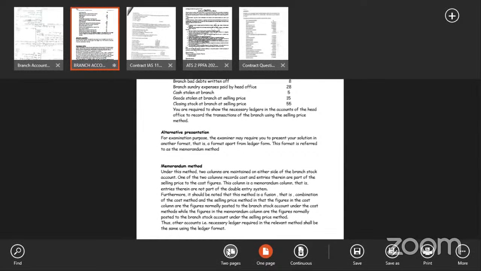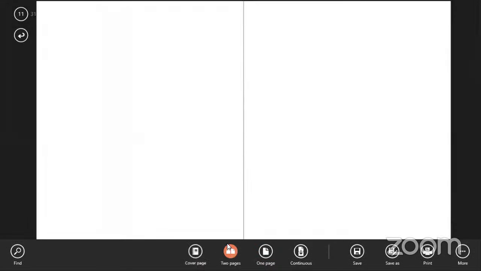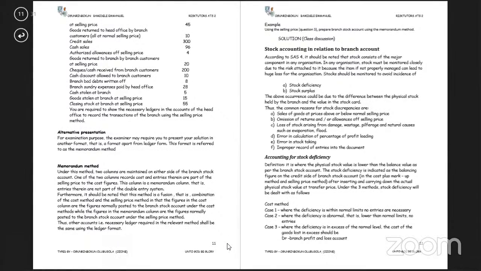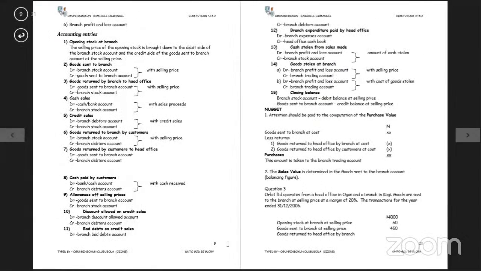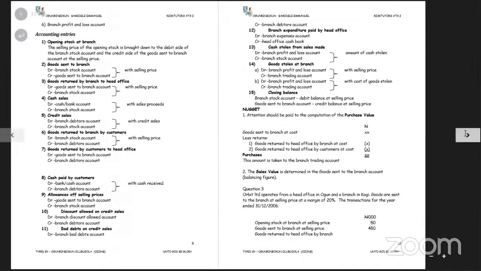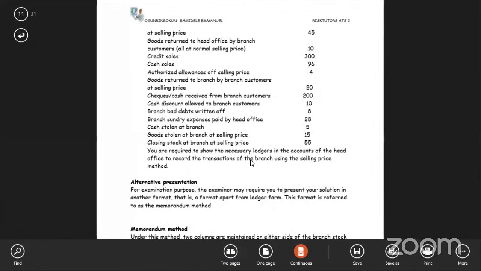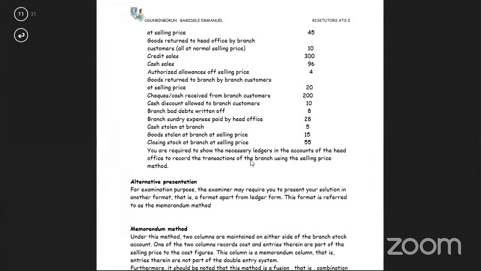Let me make it 2 pages so that you can see. We have the question flowing from number 3, and we are now at this point. So you can see where I'm picking all the values from. I think I stopped at credit sales, so let's continue from there.